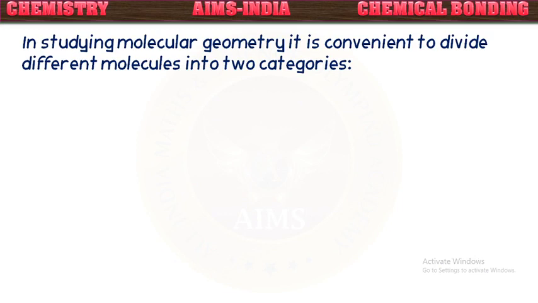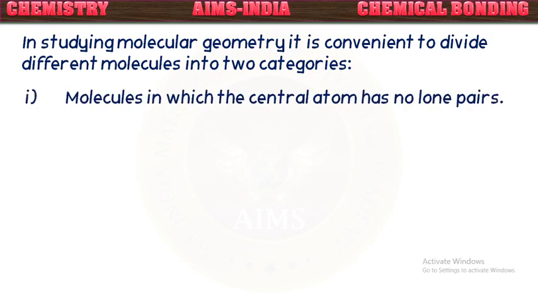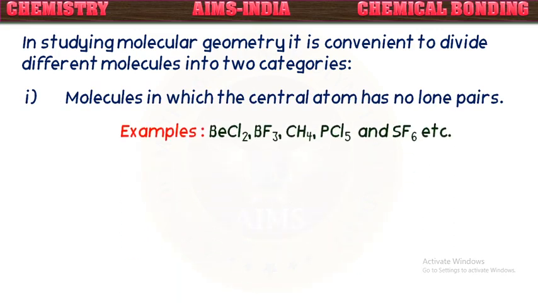In studying molecular geometry, it is convenient to divide different molecules into two categories. One category is molecules in which the central atom has only bond pairs and no lone pairs. For example, BeCl2, boron trifluoride, methane, PCl5, and SF6 molecules. In all these molecules, the central atom has only bond pairs of electrons and no lone pairs.